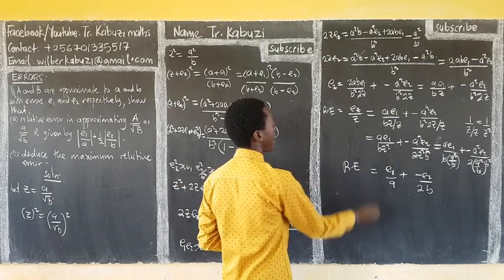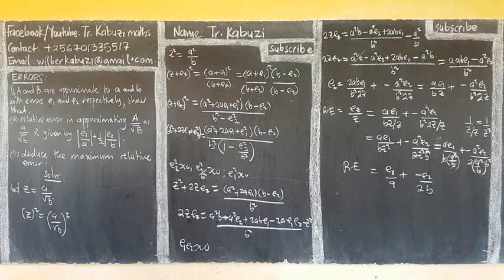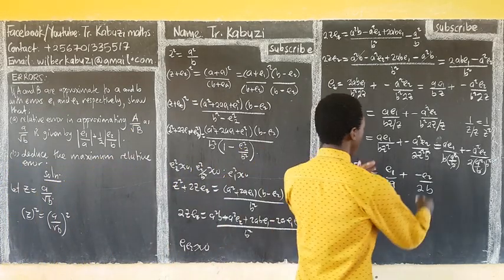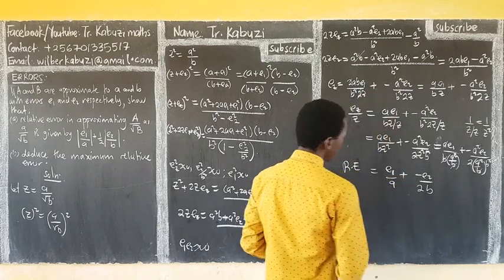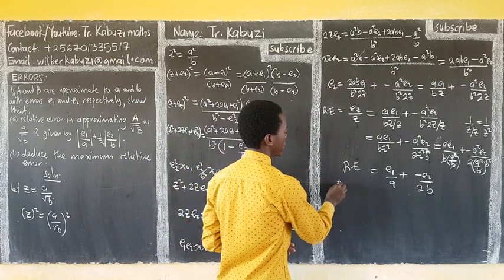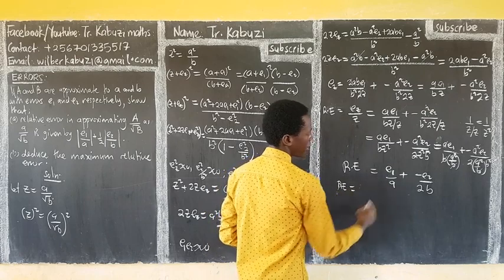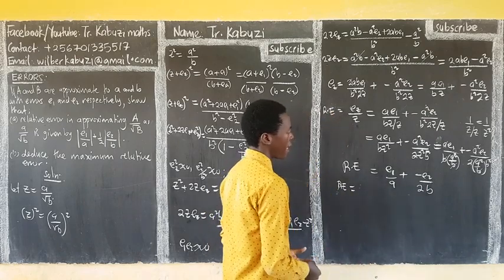That is part A. My relative error is given by that. If you get the absolute value of the relative error, you can remember we can get the absolute value of the error of this thing. So our relative error will be equal to the absolute value of this and then the absolute value of that.